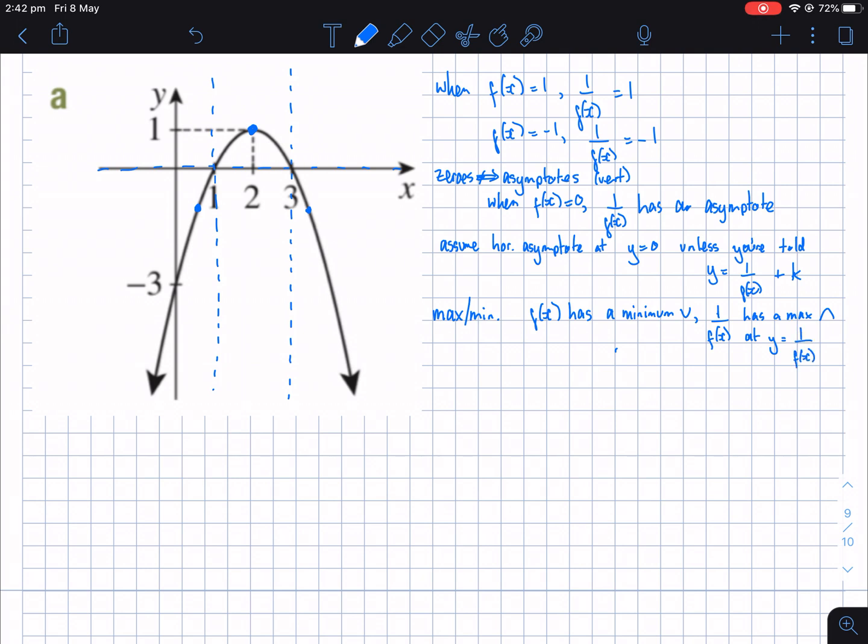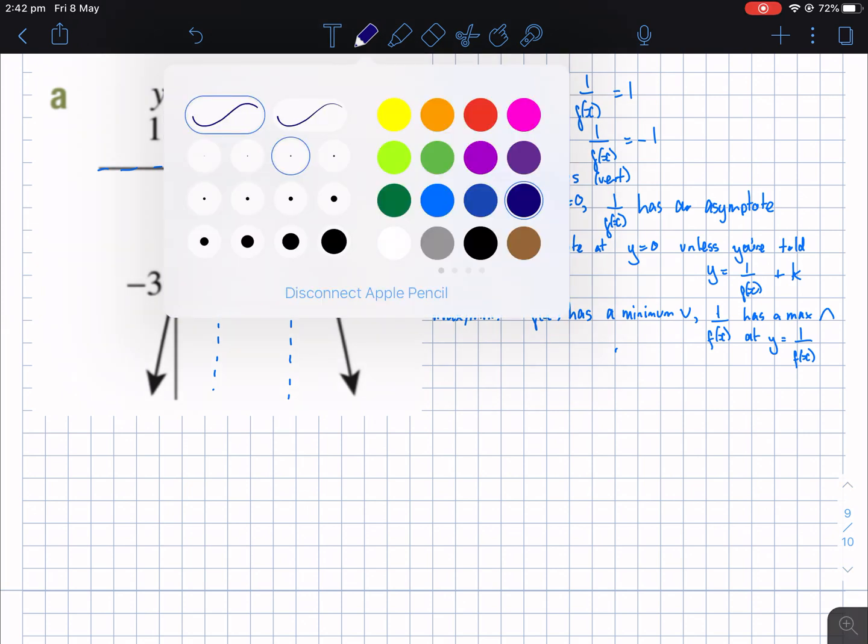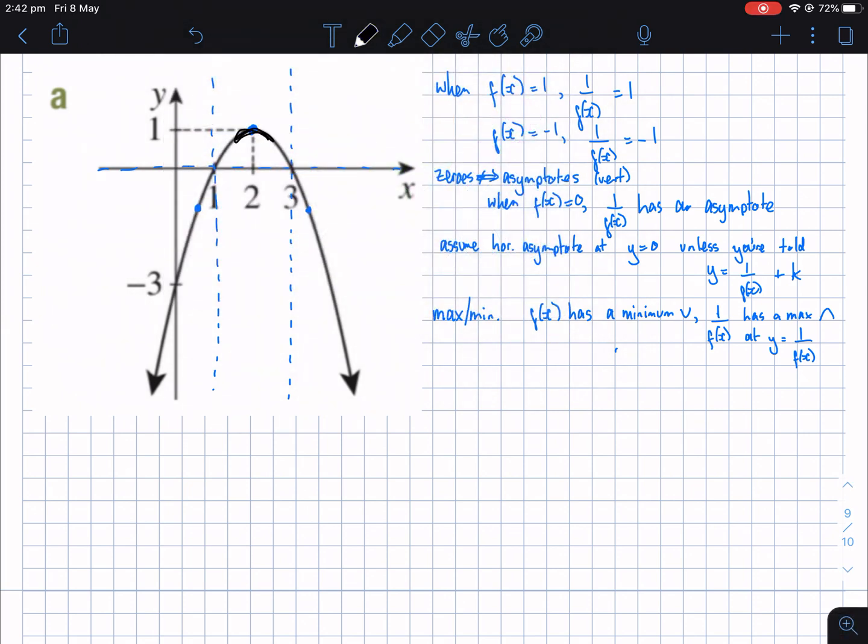So we're going to have a maximum, the maximum of this other one is obviously here, yeah?